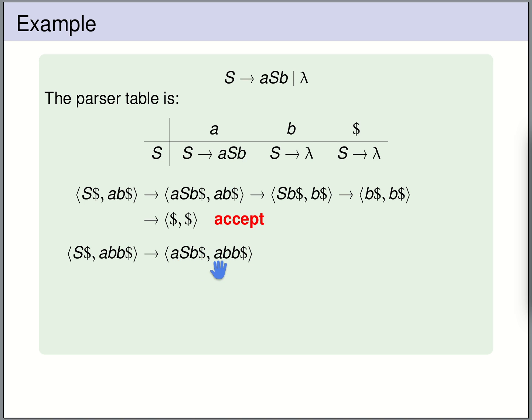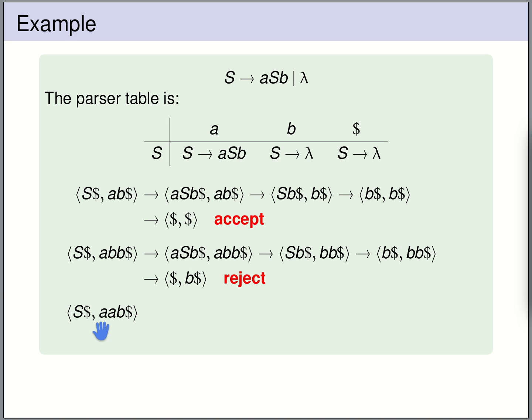The letter A matches again, we drop the A. Now from S we want to derive a B. We look in our parser table at position S,B. We have to apply this rule, so we replace S by lambda. This gives us this. Now the B matches, we drop the B, and we get B$, $. At this point there's nothing we can do, so we have to reject.